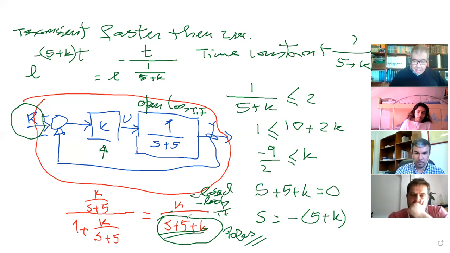When you feed back the state, you can impose the poles where you want, under certain conditions. And this is quite nice, because you impose not only stability, but also shape the response. Questions?